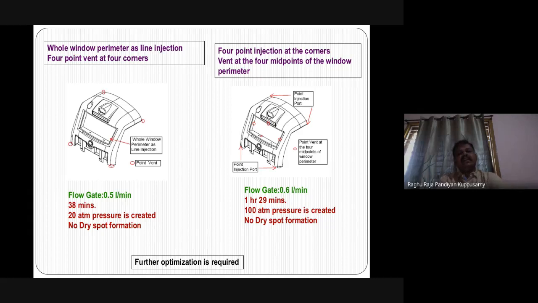Here, the whole window perimeter is used as a line injection for resin injection, and 4 point vents at the 4 corners are used as vents.